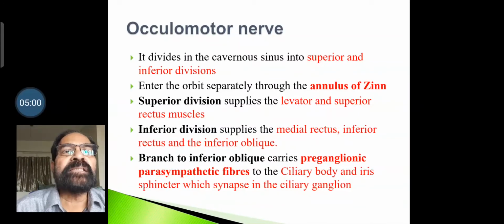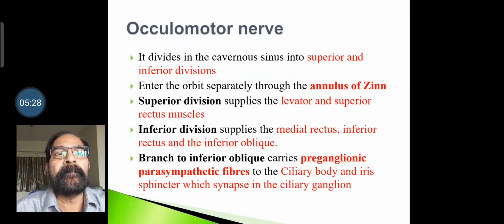Superior division supplies the levator palpebrae superioris and superior rectus muscles. Inferior division supplies medial rectus, inferior rectus and inferior oblique. The branch supplying the inferior oblique also carries preganglionic parasympathetic fibers to the ciliary body and iris sphincter, which synapse in the ciliary ganglion.